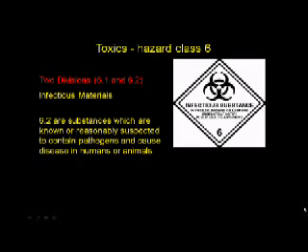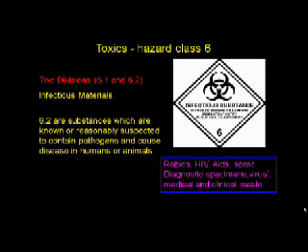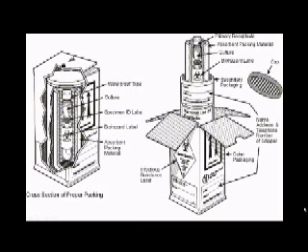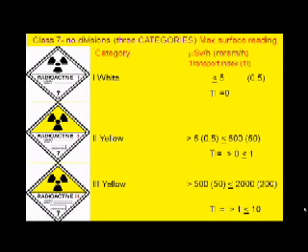And these are bacteria or viruses that can cause illness in otherwise healthy humans or animals. So examples which are given on the slide include rabies and HIV. There's certain types of packaging which is required to ship infectious materials.